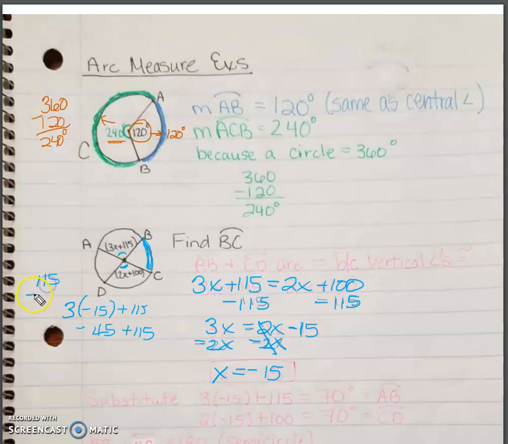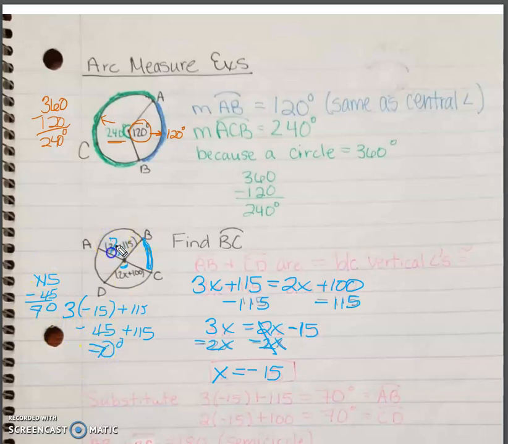And 115 minus 45, that gives me 0 here, so I have to borrow. That gives me 10. That gives me 60 degrees. Or not. Now that makes it 11, so I messed up. So that does give me 70 degrees. Oop. 11 minus 4 is 7, so that gives me 70 degrees.